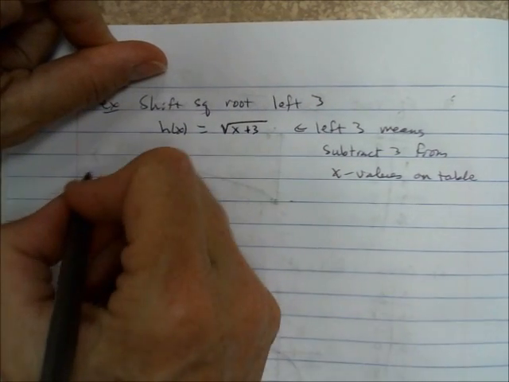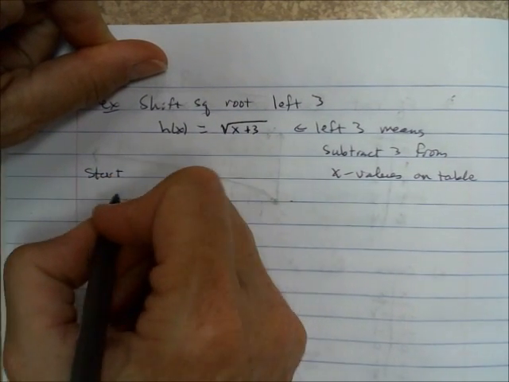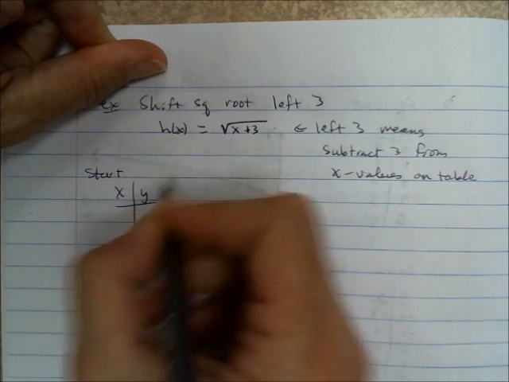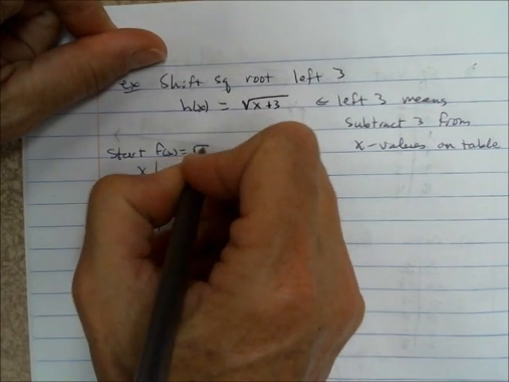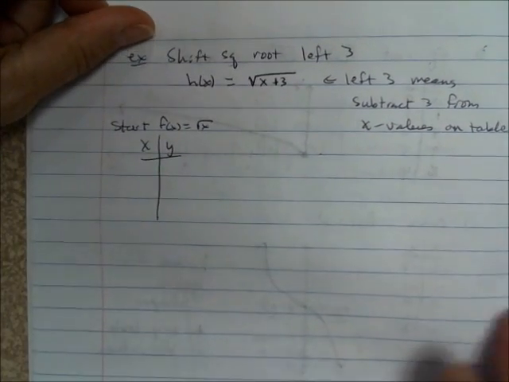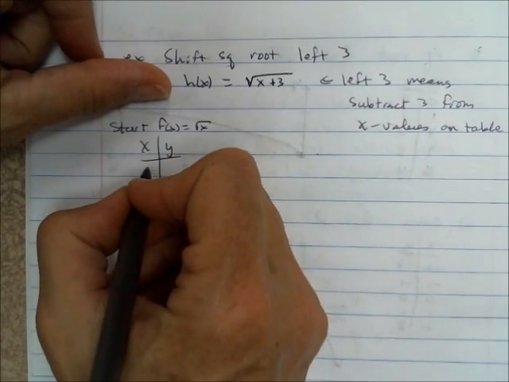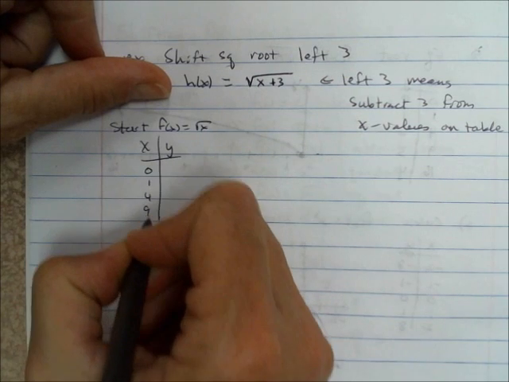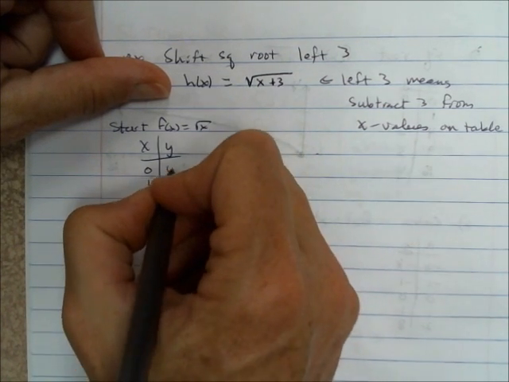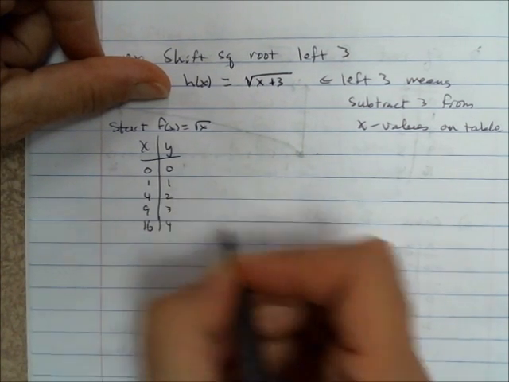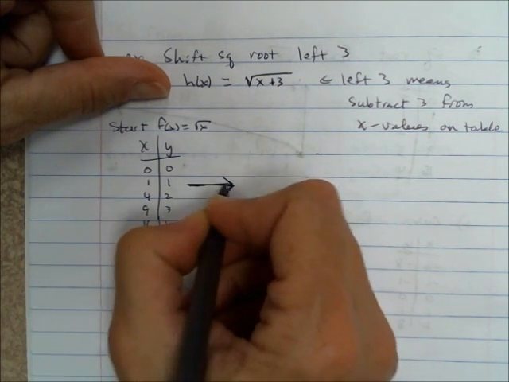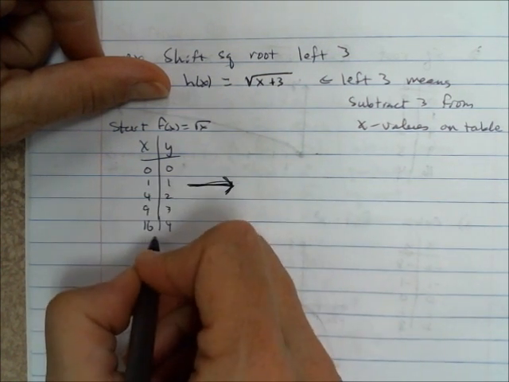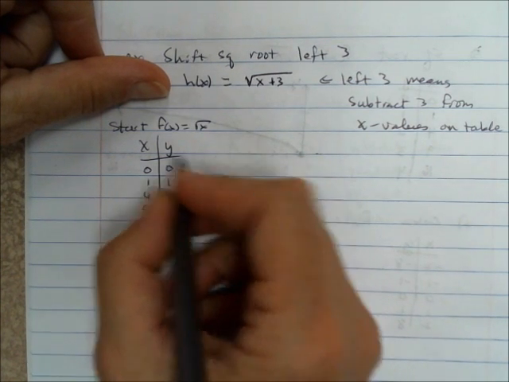So we're going to start with a table of values of our square root function. So we're going to start out with f of x equals just the square root of x, just a parent function graph. And remember, the xy values are 0, 1, 4, 9, and 16. And the y values are 0, 1, 2, 3, and 4. And so when we're transforming these graphs, I'd like you to start with the parent function and then name what you're doing to the values here.